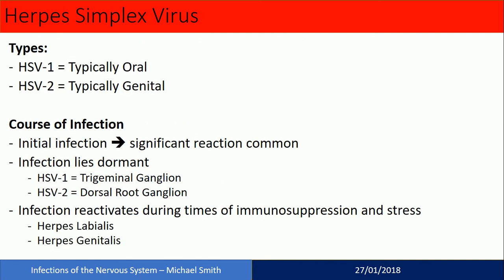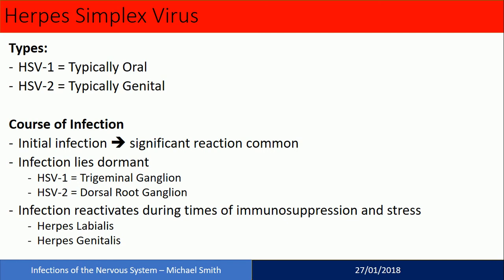The herpes simplex virus is commonly known as a sexually transmitted illness. The HSV1 type is typically your oral herpes, and HSV2 is typically your genital, although they can both infect both the mouth or the genitals.